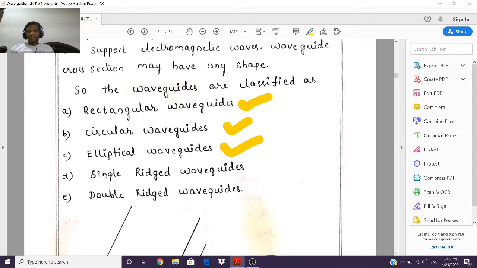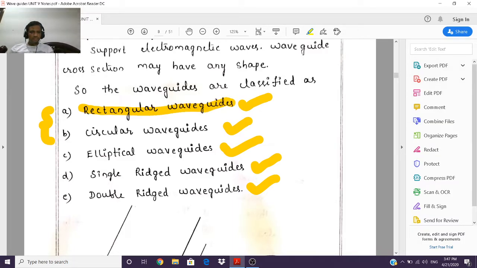And next we have single ridge waveguide, and we also have double ridge. Ridge means just like a twisted waveguide, which can take any shape. Okay, so these are all the 5 waveguides which are available, but among these 5, these are the 2 most important, and this particular rectangular waveguide we will be concentrating on almost more than 90%.